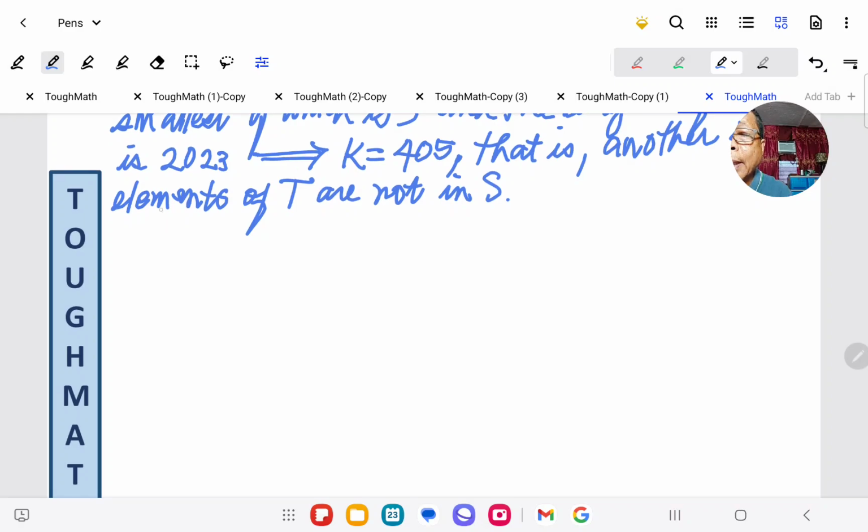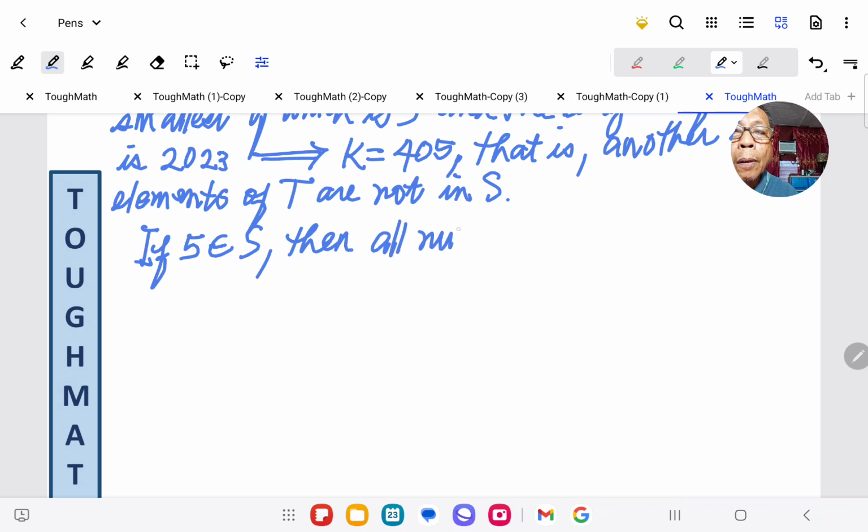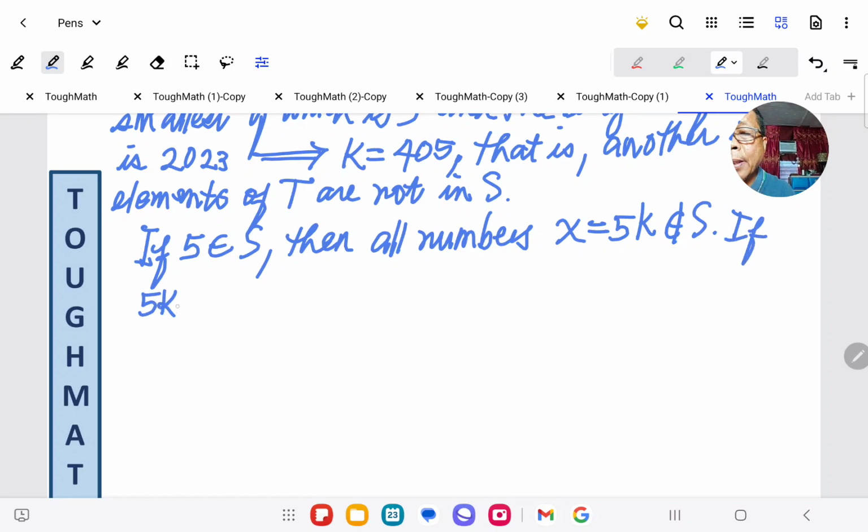Then next case, if 5 belongs to S, then all numbers x which are multiples of 5 are not in S. Now, if 5k equals 2025, this gives us k equals 405.